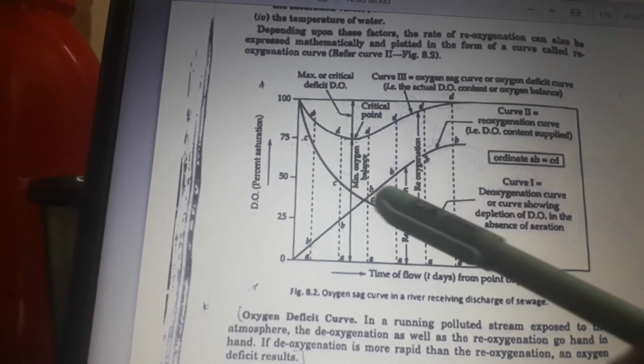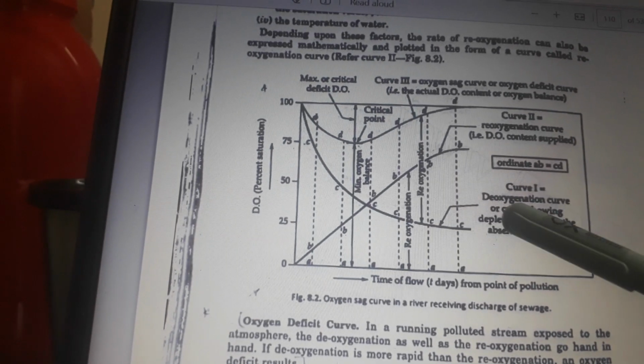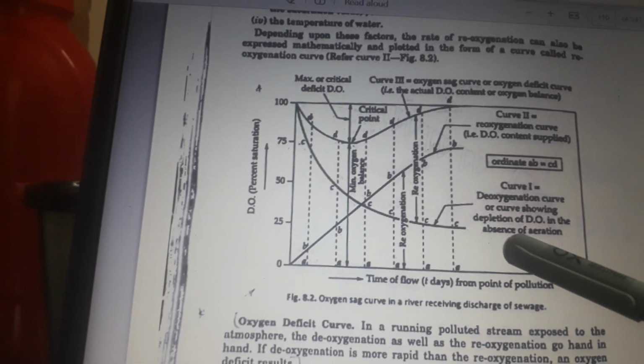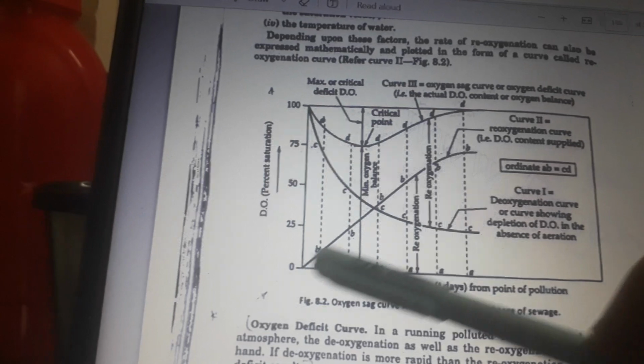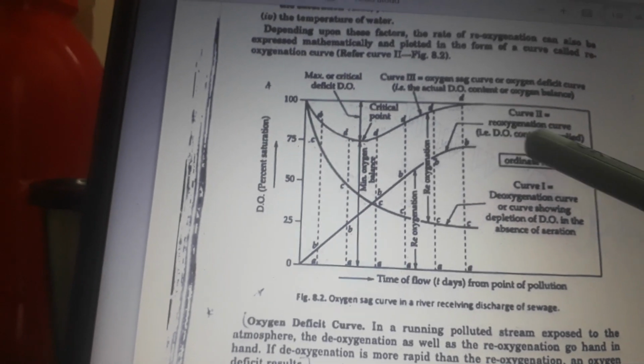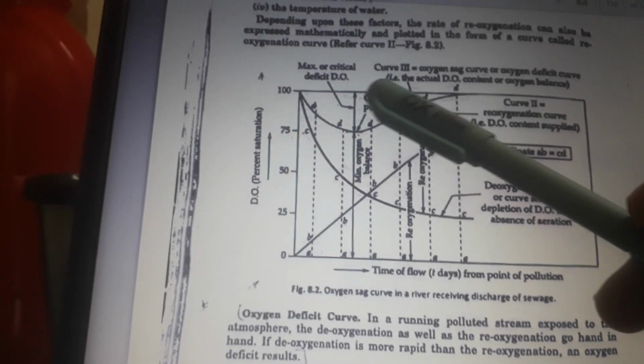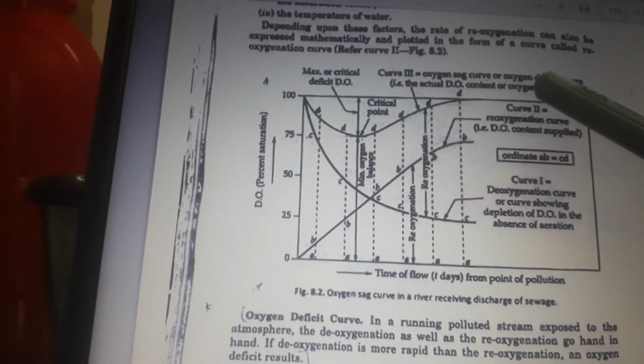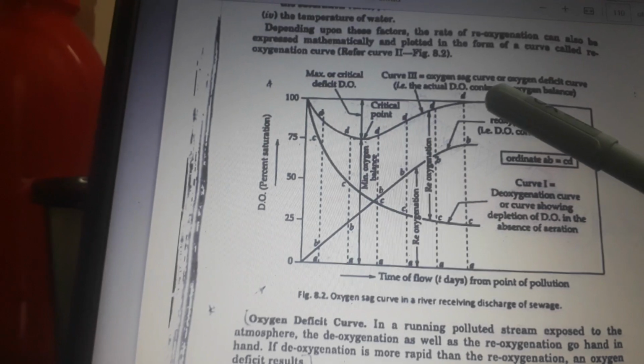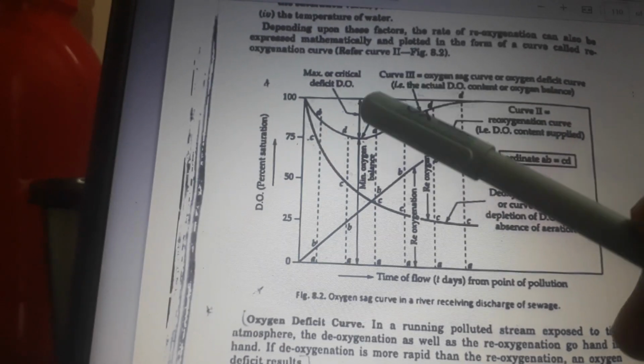This one is the deoxygenation curve, or curve showing depletion of dissolved oxygen in the absence of aeration. This is curve second, which is a reoxygenation curve, that is dissolved oxygen content supplied. Then curve third is the oxidation sag curve or oxygen deficit curve, that is the actual dissolved oxygen content or oxygen balance.